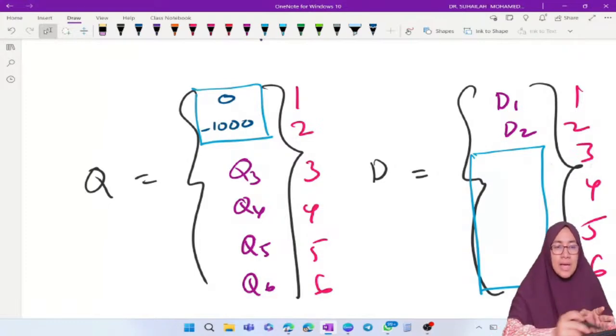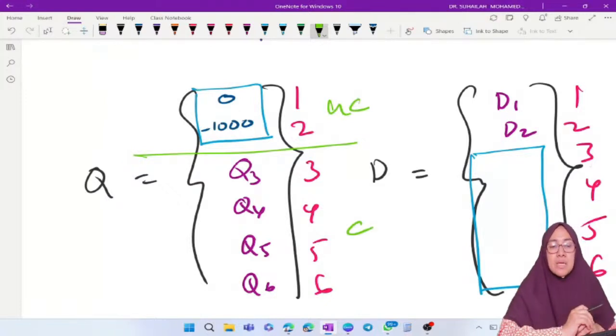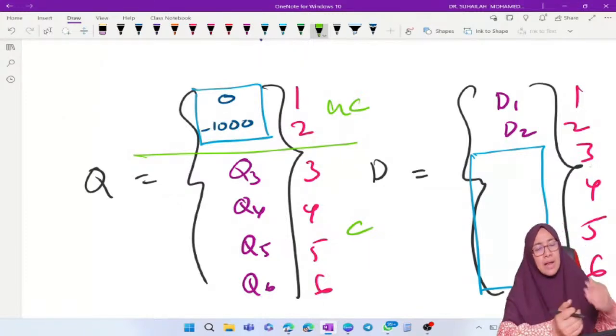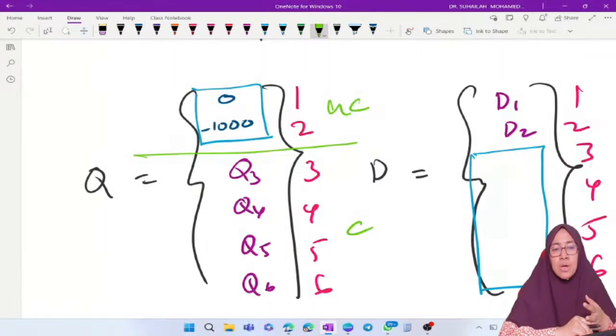This is the boundary between unconstrained and constrained, and the condition must be opposite: unknown versus known. The upper part must be known values; we cannot put symbols. So 0 and negative 1000, then Q3, Q4, Q5, Q6.